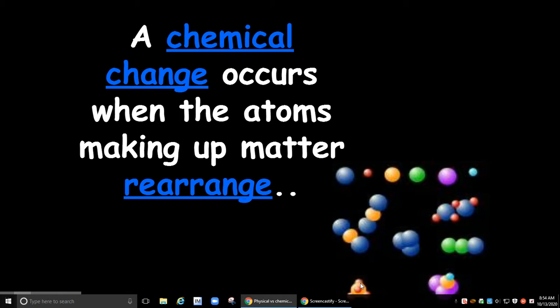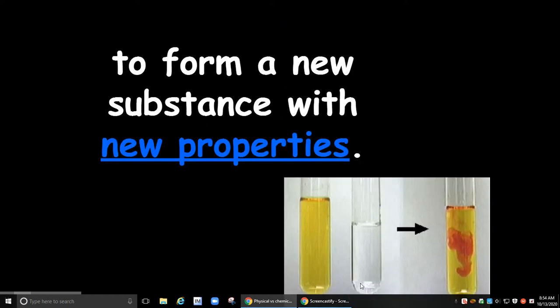Okay, so this is a change at the atomic level, molecules breaking apart, rearranging, and creating brand new substances. So the formula for what we end with chemically is different than the formula for what we started with. So the new substance is chemically brand new, and it has different properties.